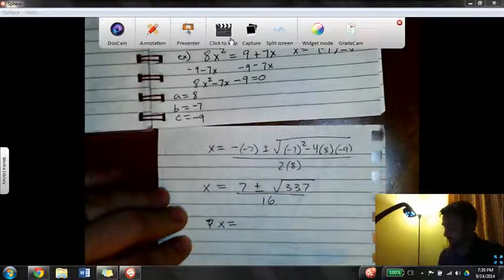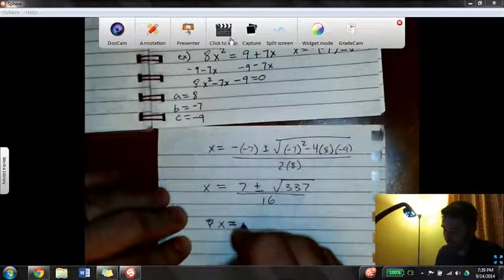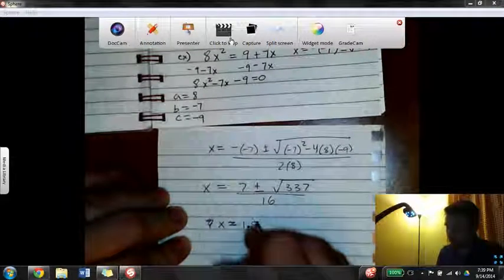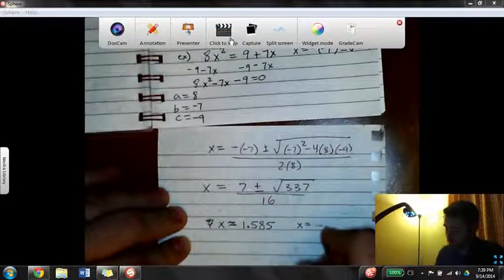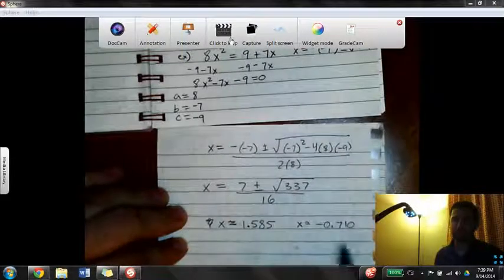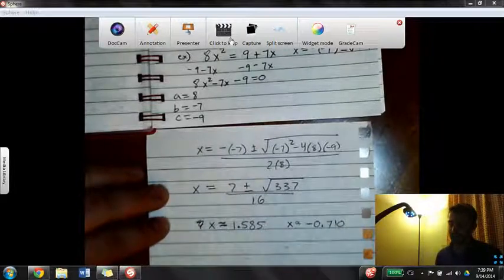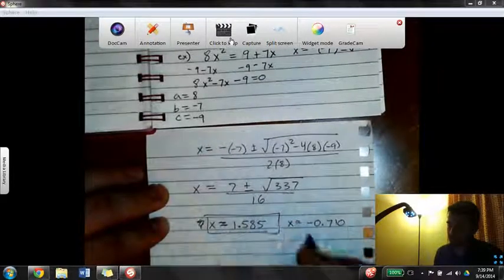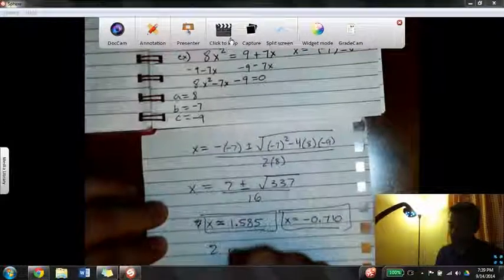And then simplifying further, you get x is approximately equal to 1.585 and negative 0.710, which I get from plugging this into my calculator. And I find that I have two real solutions.